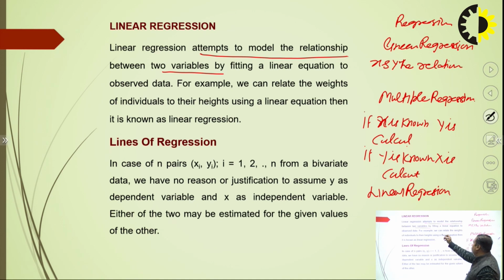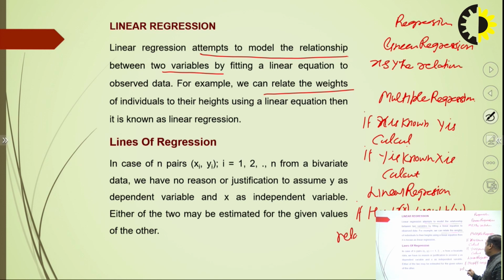With the help of linear regression, we can relate, for example, the height and weight of individuals. If there are two variables, height denoted as x and weight denoted by y, then we have to find the relation between height and weight.